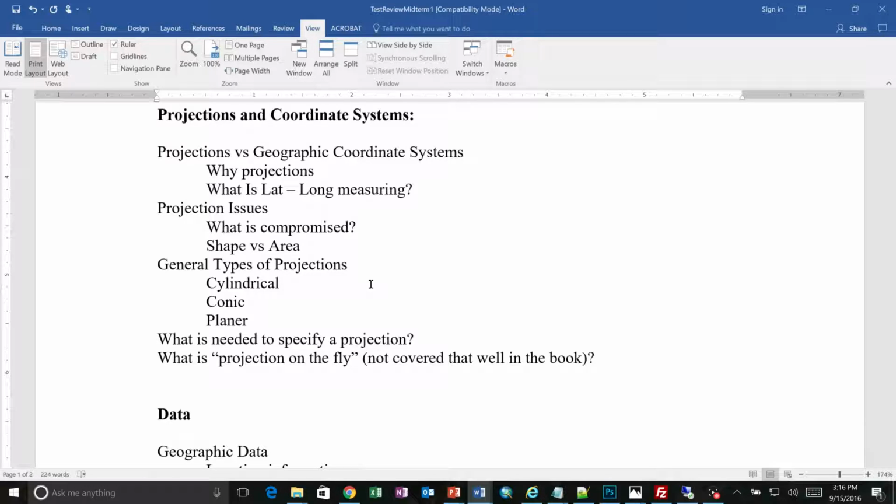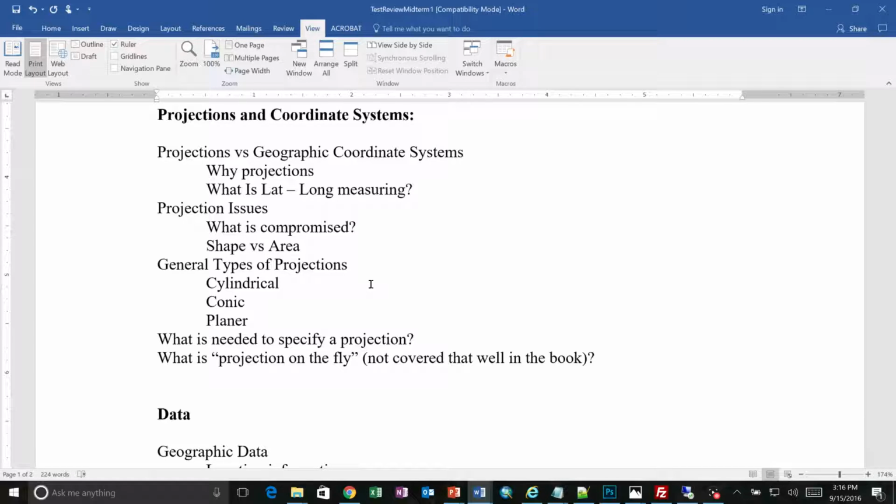So a spheroid, a datum, and then if it's actually a projection, if it's not latitude and longitude, you also need to specify the developable surface, whether it's cylindrical, conic, planar, and then finally the units. So there's 4 things if it's an actual projection. If you're doing latitude and longitude, you only need the first 2, spheroid and datum.